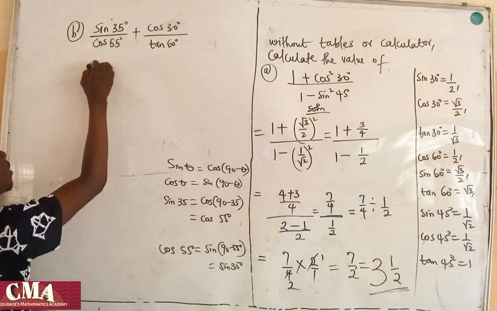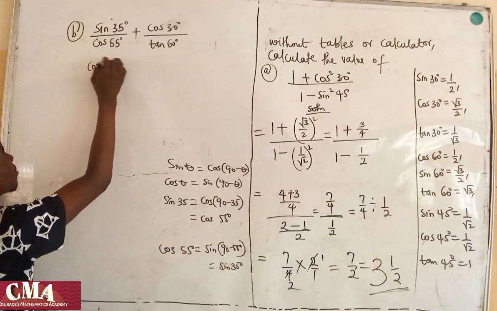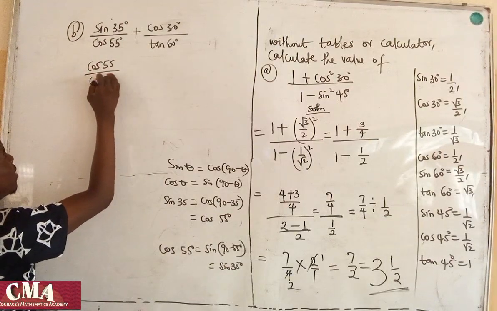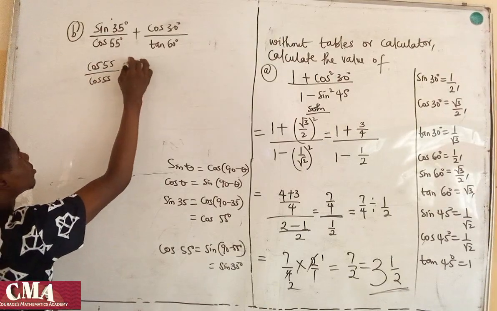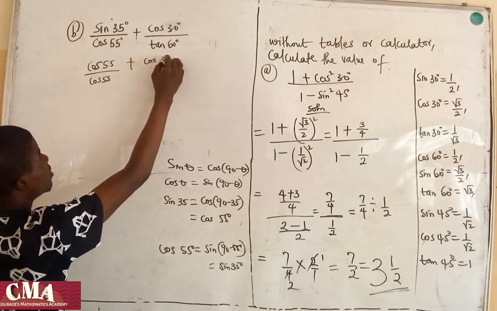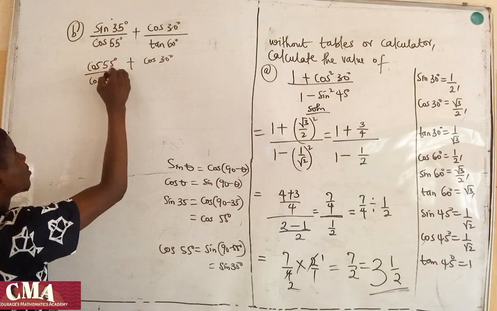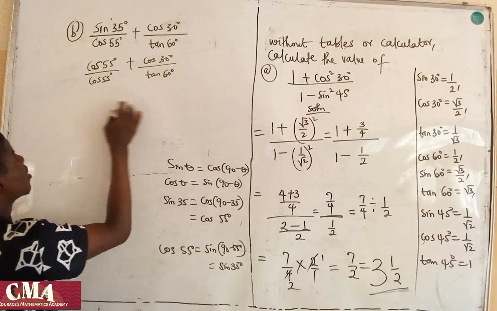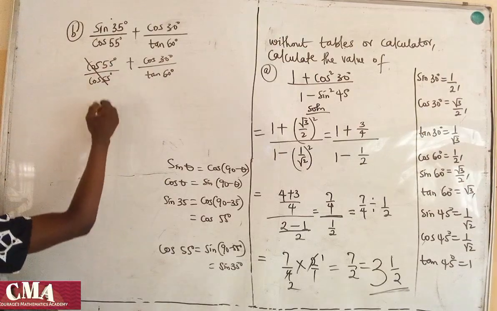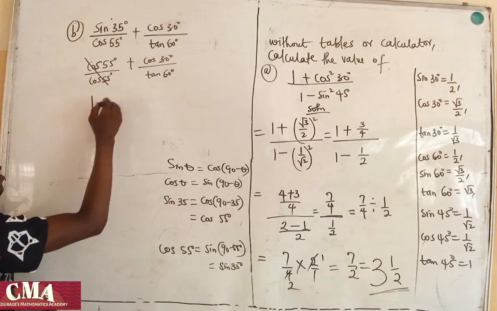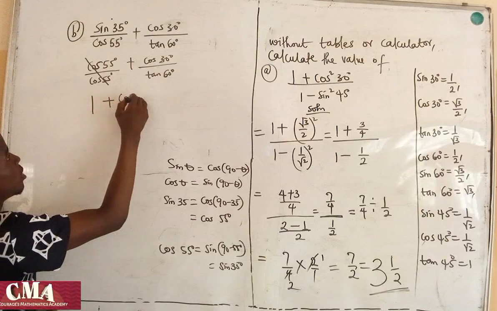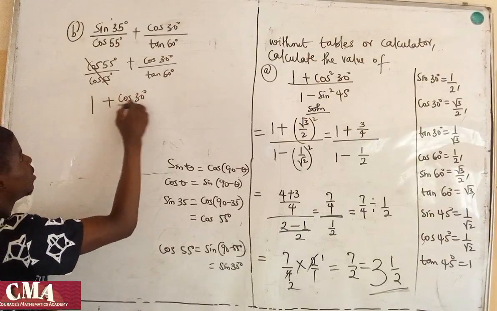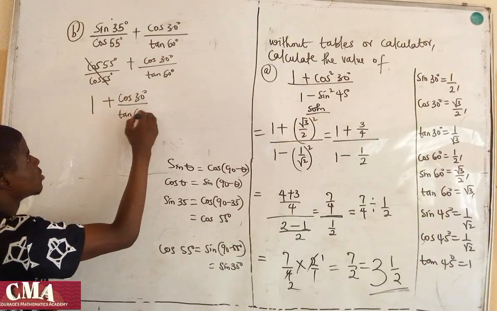So cos 55 over cos 55, plus cos 30 degrees over tan 60 degrees. So these two cancel each other to produce 1. And I have this cos 30 degrees over tan 60 degrees.